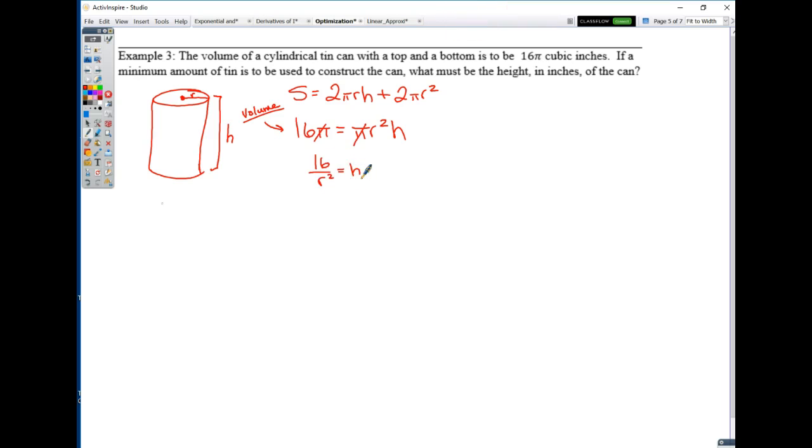So let's substitute. S is equal to 2 pi r times 16 over r squared plus 2 pi r squared. I should probably rewrite that.